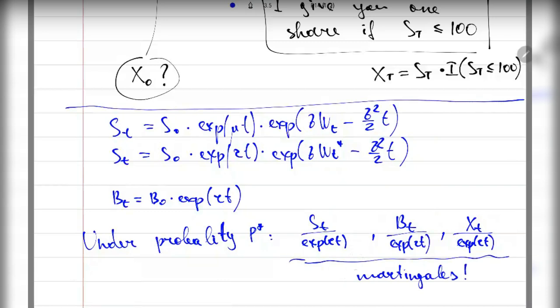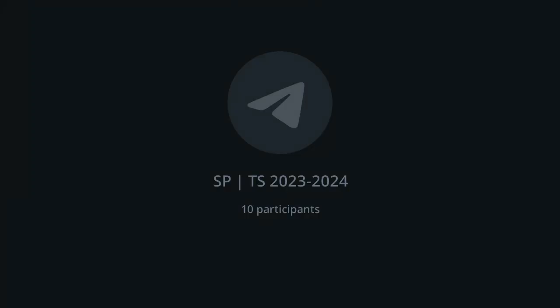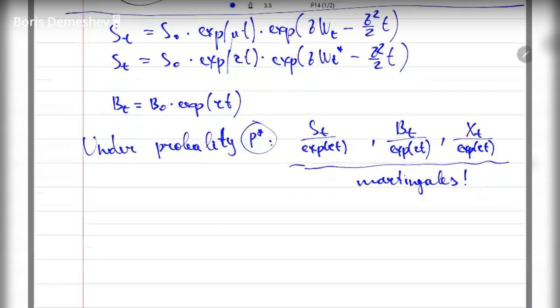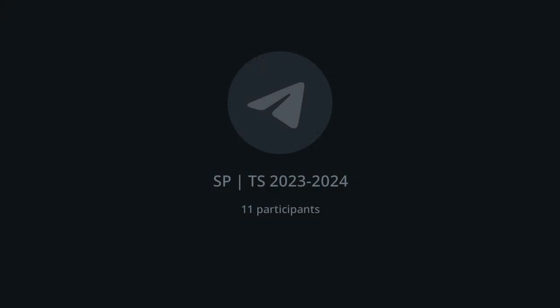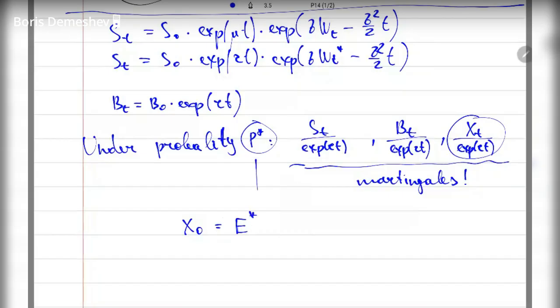So that's a very useful probability measure P star. We have very simple relationships if we use this probability measure P star. And hence, because this is a martingale, our X0 is the expected value with respect to P star of Xt divided by exponent RT.